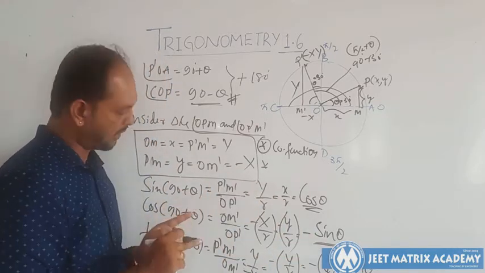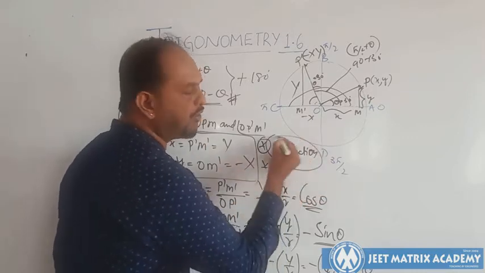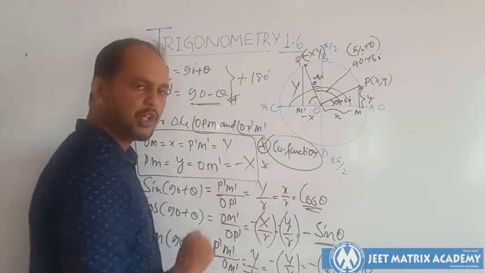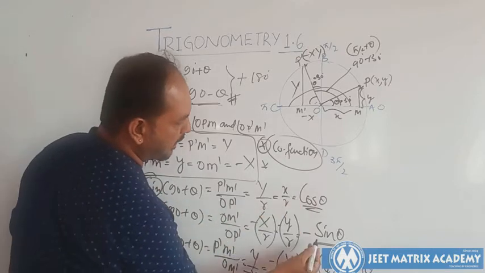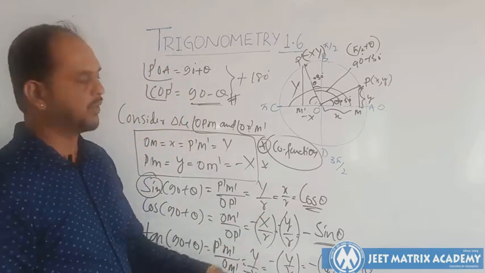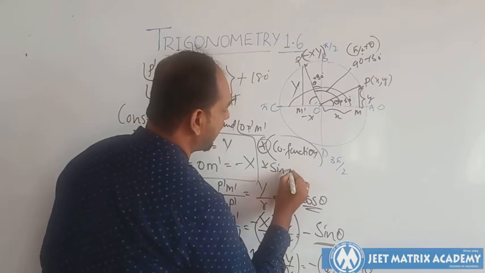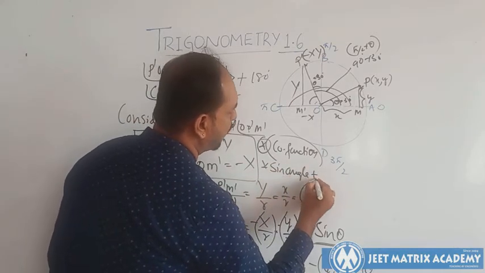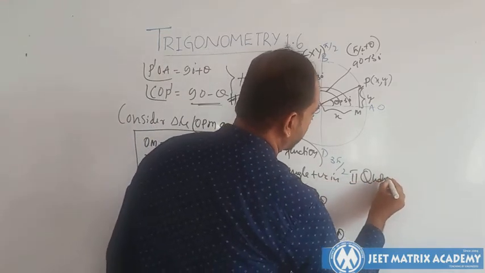That is the first observation. Tan becomes cot. We call these co-functions. Second observation: only for sine we got positive. Rest everything we got negative. So only sine angle is positive in the second quadrant.